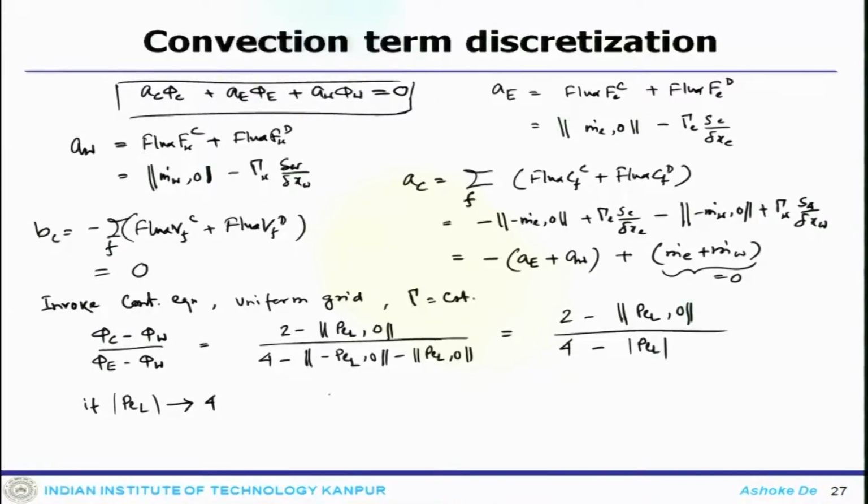So, what we have looked at is schemes like central difference scheme, upwind scheme, downwind difference scheme, like that. Now, the thing which is applicable to all of these schemes is the truncation error.